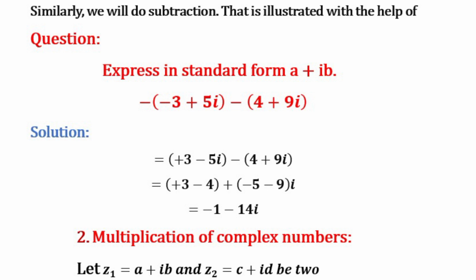Then we will subtract real parts and imaginary parts respectively. We will get 3 minus 4 plus minus 5 minus 9 into iota, and we will get minus 1 minus 14 iota. So this is the way to subtract two complex numbers.